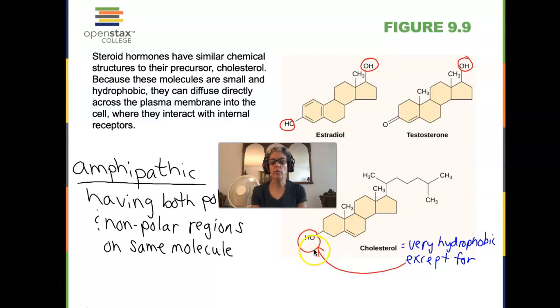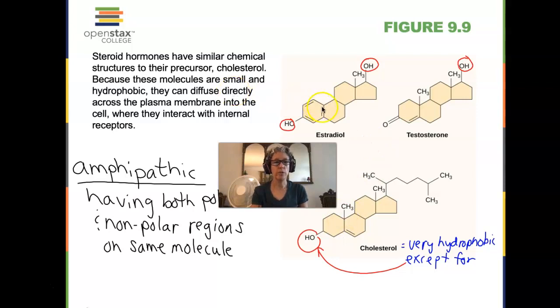That is the only region that is polar, and cholesterol is that large lipid found in the cell membrane of animal cells, and it's just this little tiny hydroxyl that allows this molecule to interact with the polar heads, either facing toward the inside or the outside of the cell, and the rest of the very hydrophobic cholesterol molecule is embedded in those hydrophobic fatty acid tails.